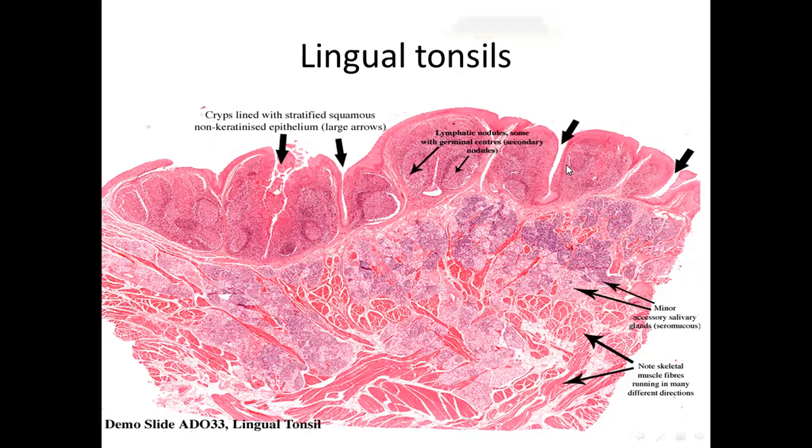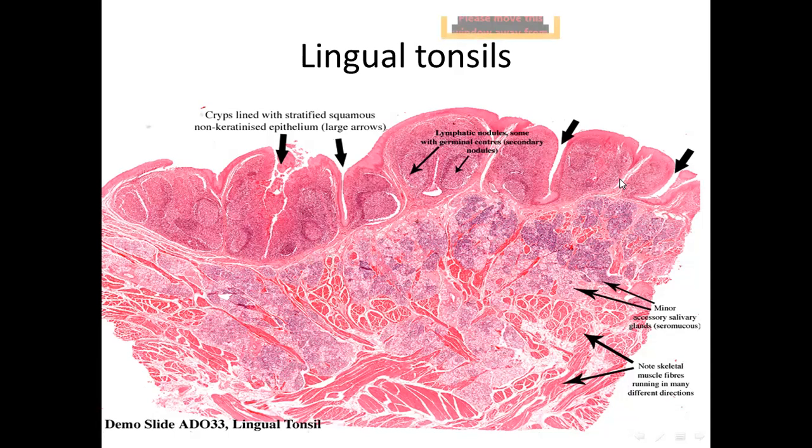The deep aspect of the lingual tonsil has a flimsy capsule, separated from the underlying connective tissue. So the superficial aspect is lined by epithelium, and the deep aspect has a very thin connective tissue capsule separated from the underlying connective tissues.